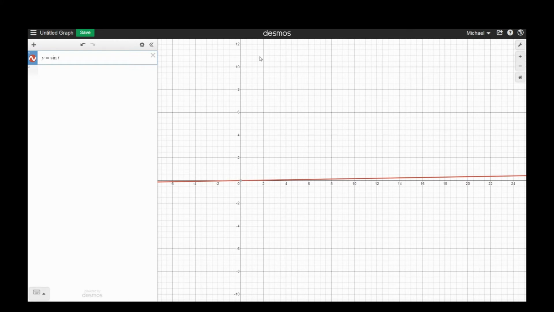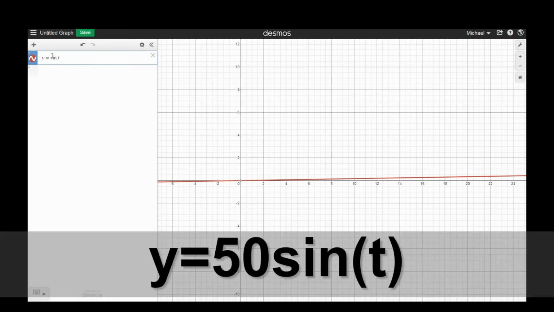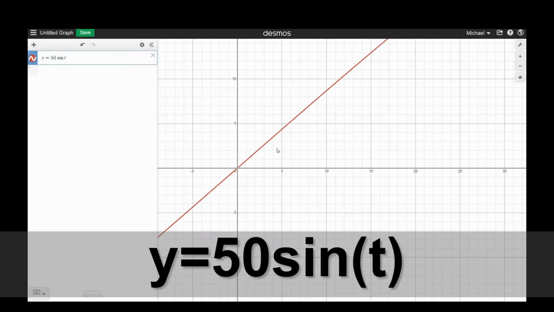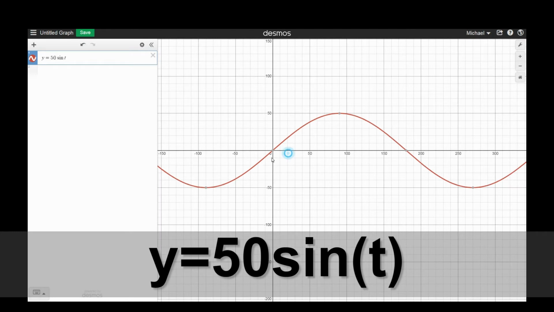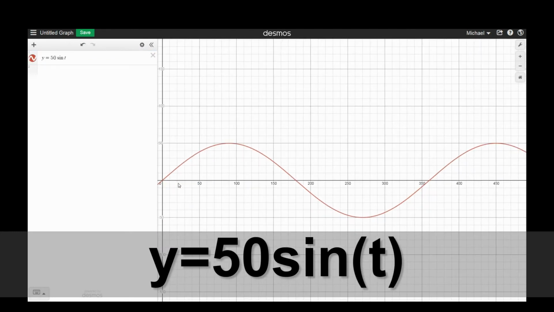So we've got to stretch our y-axis, and that is ridiculously easy. Go in here, type in 50. It certainly seems to have worked. So we zoom out, and there's our sine wave, exactly as we were expecting it in math class.